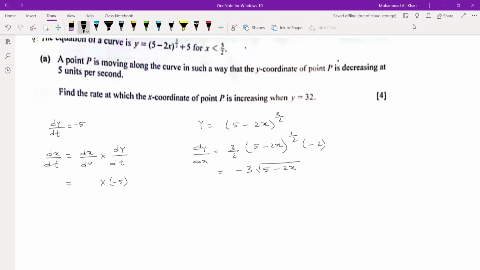Now, find the rate at which the x coordinate of point P is increasing when y is 32. If y is 32, then what is the value of x? Just write in the equation of the curve, 32 equals (5 minus 2x) whole power 3 upon 2. Now we have to solve this.